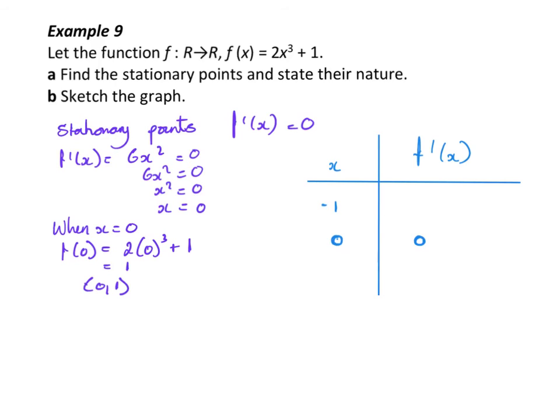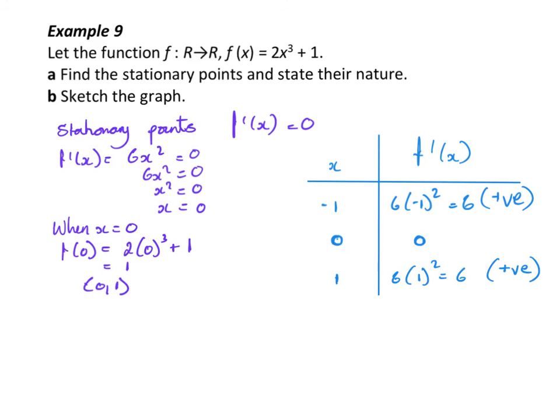Substituting that into our gradient function, we get 6 times -1 squared, which is obviously -1 squared is a positive, so it becomes just positive 6. And this is what we're interested in, the fact that it's positive or negative. And a little bit after 0 would be 1, and again we're substituting that in, and that also equals 6, so we're ending up with a positive again.